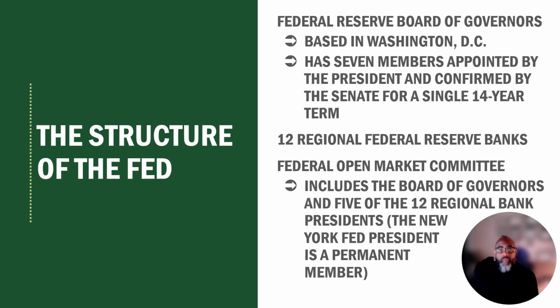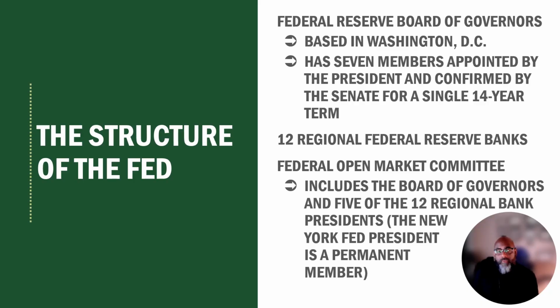The Federal Reserve Act also established the 12 regional Federal Reserve banks, each serving a specific district across the United States. These regional banks gather local economic data and perspectives, which are crucial for shaping national monetary policy. This structure allows the Fed to respond to both local conditions and national economic trends.